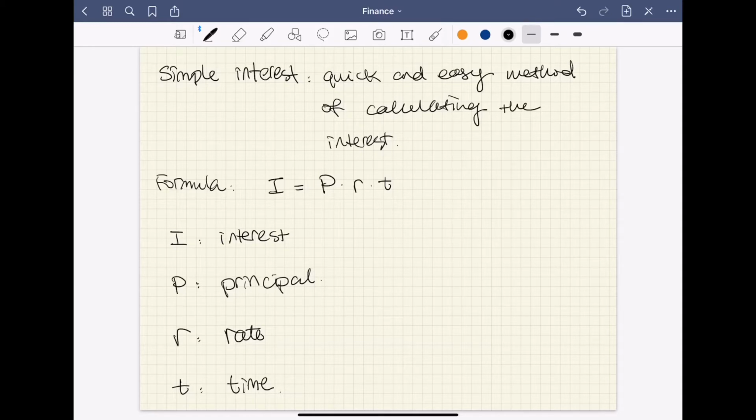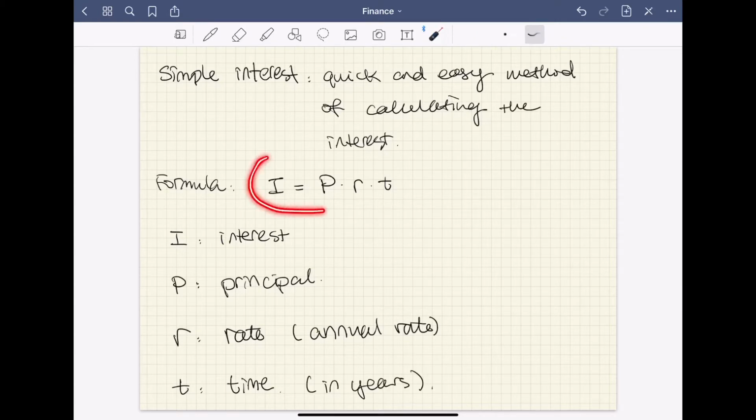So it's the initial amount that you're using. The rate here is the yearly rate or the annual rate, which will be a percentage. And time is in years. So this formula gives how much interest you're going to receive at the end of a period.